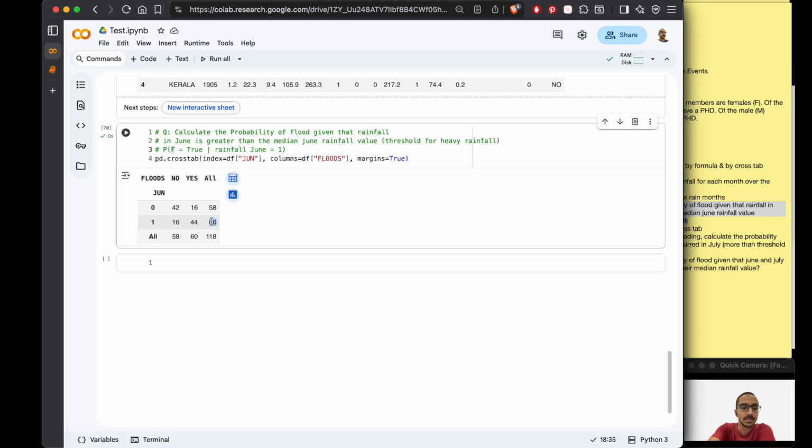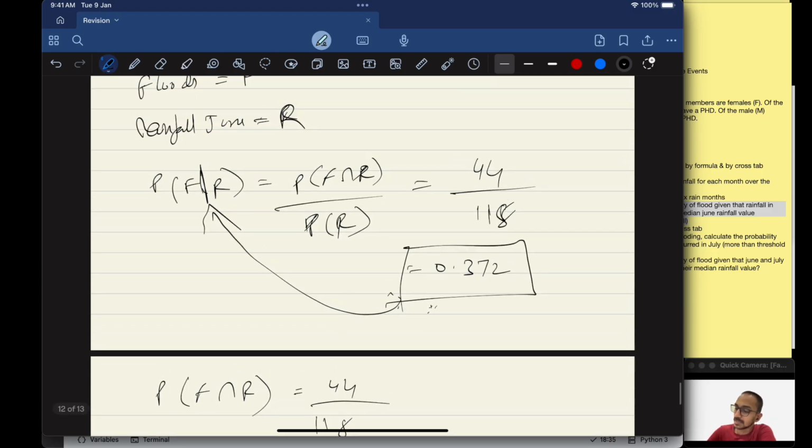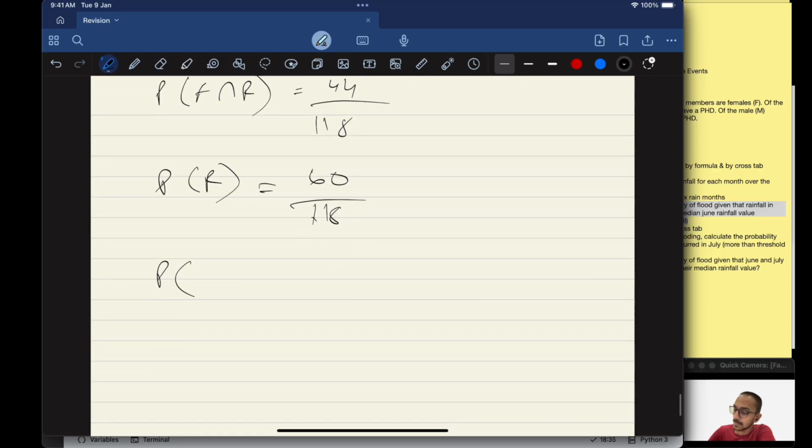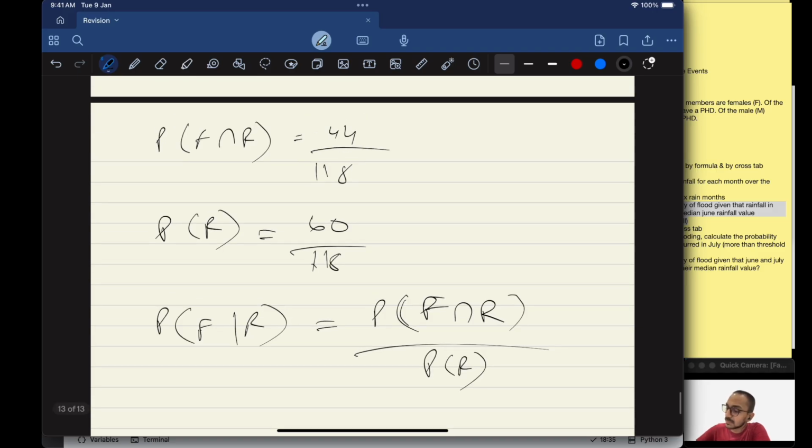Now if we compute the conditional probability, which is the question, which is F given R, which is the probability of there being floods, given that June month's rain exceeds the median. That we would then compute using the conditional probability, P of F intersection R by P of R. So we just have to compute these two.